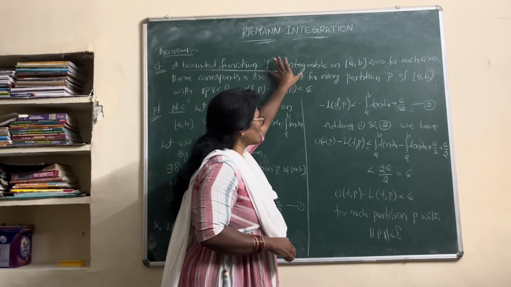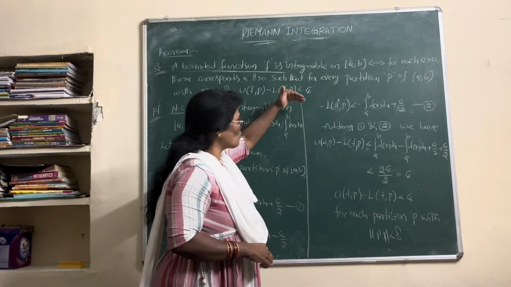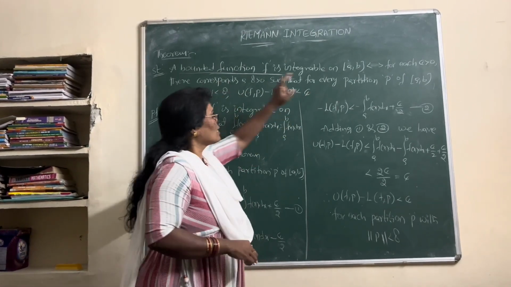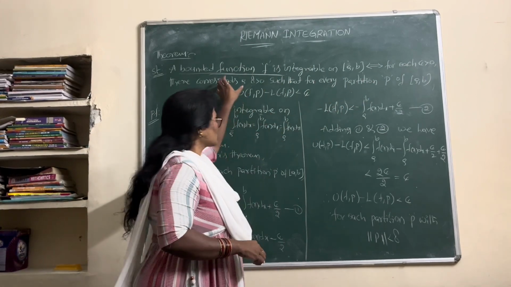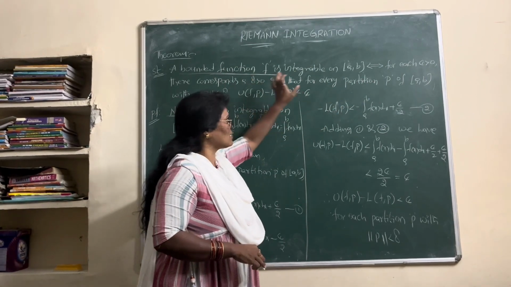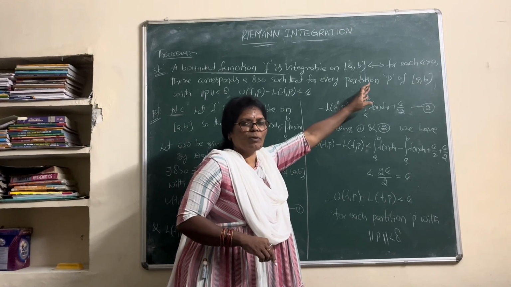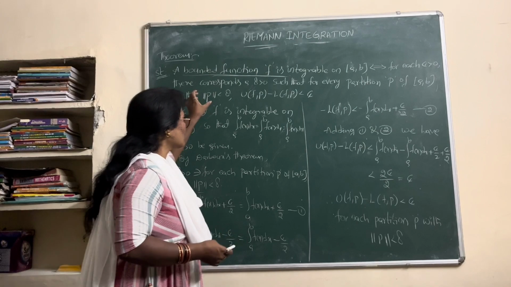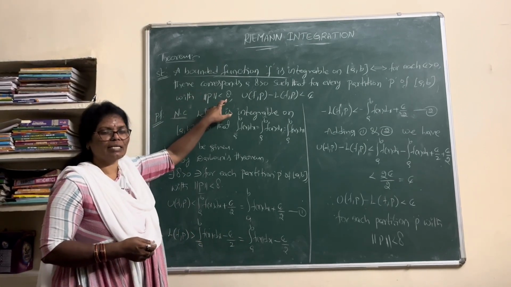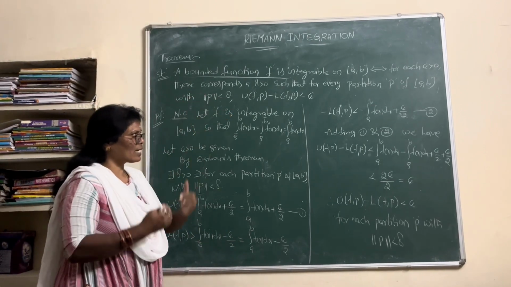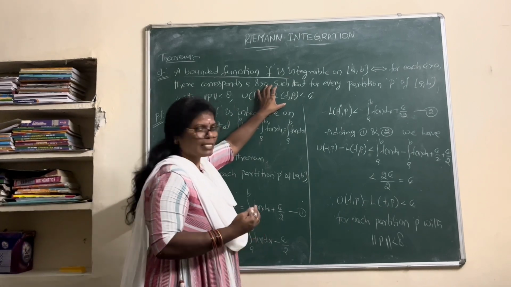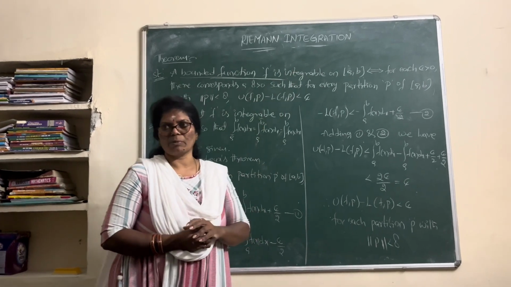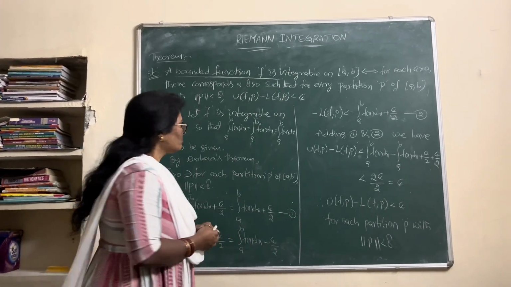So first you should consider this condition, then we need to prove U(f,P) minus L(f,P) is less than epsilon, whenever epsilon is greater than 0 there exists a delta greater than 0 such that for a partition P on the closed interval [a, b] whose length is less than delta. In the second case, we have to prove that the given bounded function is integrable. We'll prove one by one.